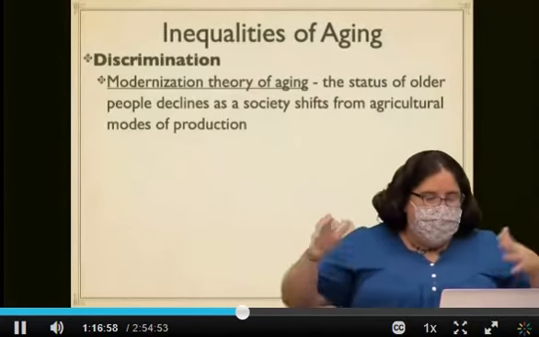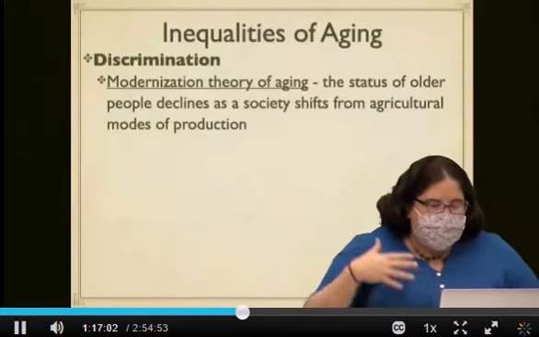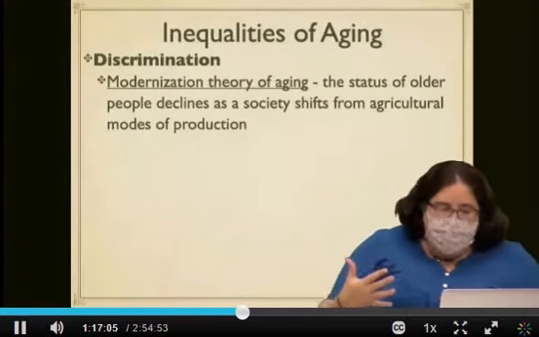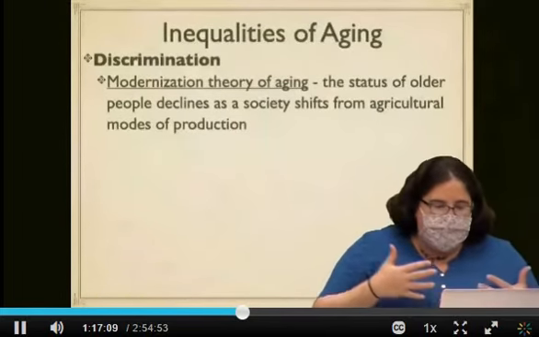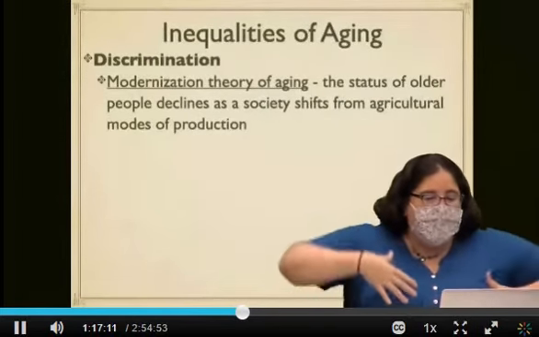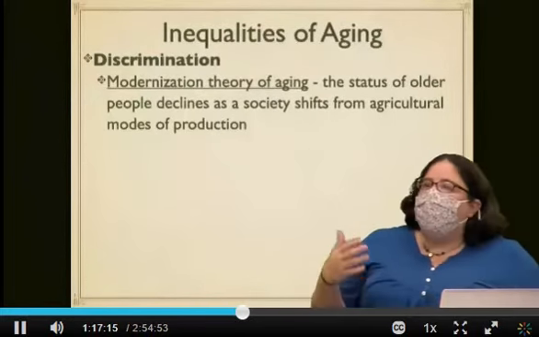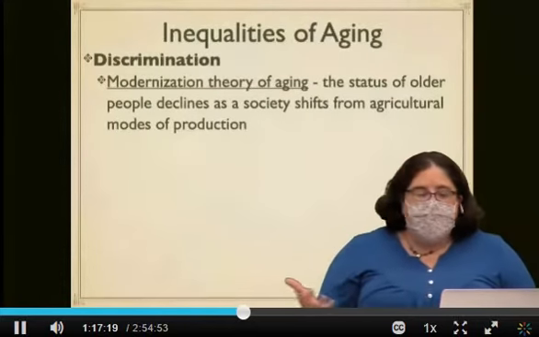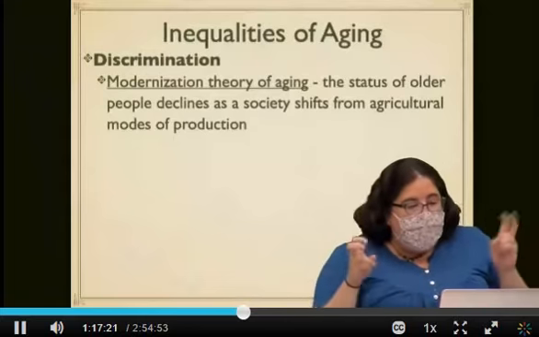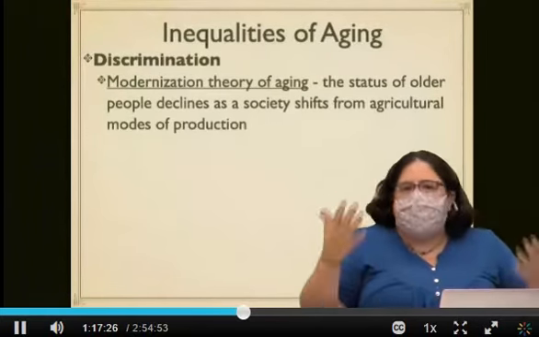In a traditional agricultural society, older generations had high social standing because of their expertise and their experience in those fields, literally in the fields. But in contemporary settings, people often associate technological proficiency with youth, right? And so the value of being older is seen or constructed to be lower.